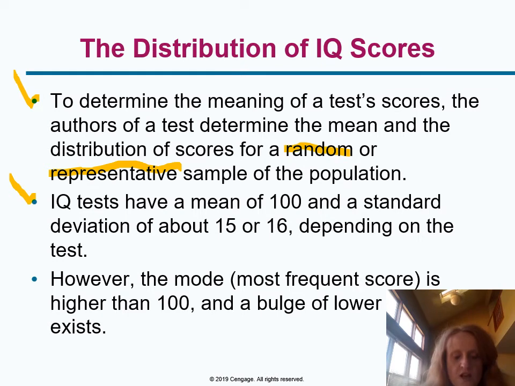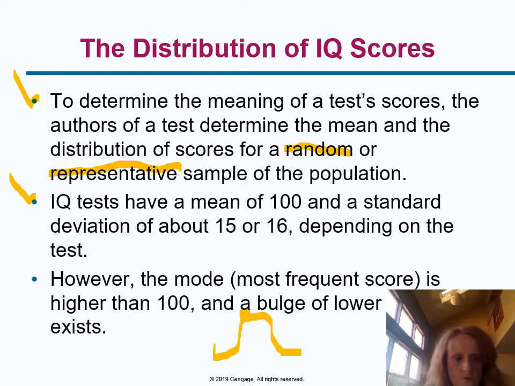The scores for a large population approximate a normal distribution or a bell-shaped curve, which would look something like this. A bell-shaped curve would be symmetrical, rising to the top and falling away on each side. Not exactly, but that's about what it would look like. The actual distribution of IQ scores is not as symmetrical as the theoretical normal distribution.